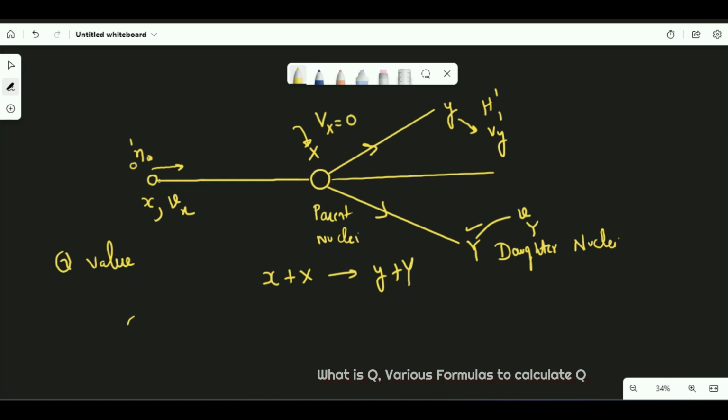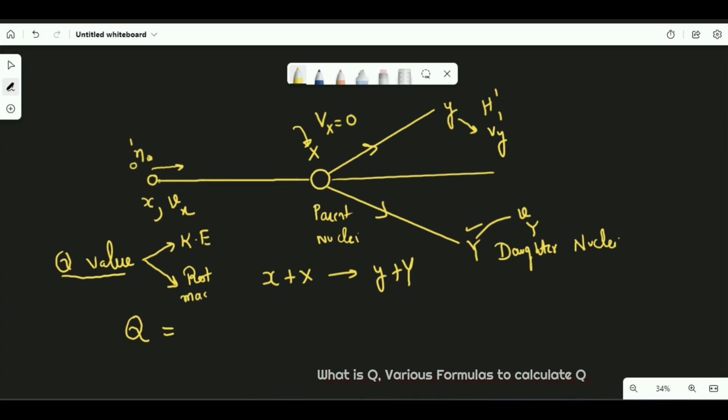Now, what is Q in terms of the kinetic energies? I told you Q value is always calculated in two terms. One is the kinetic energy involved in the nuclear reactions, and the second is, of course, the rest mass energy, which is like E equals mc squared, right?